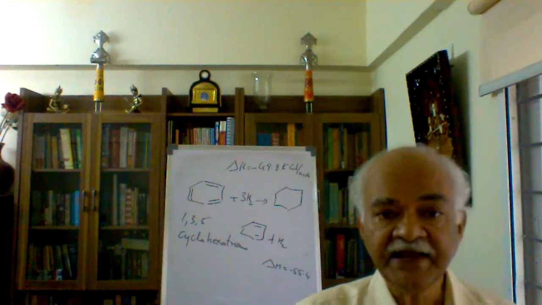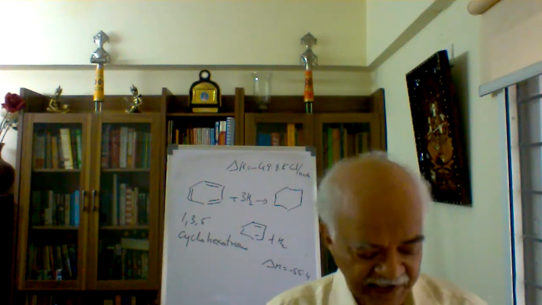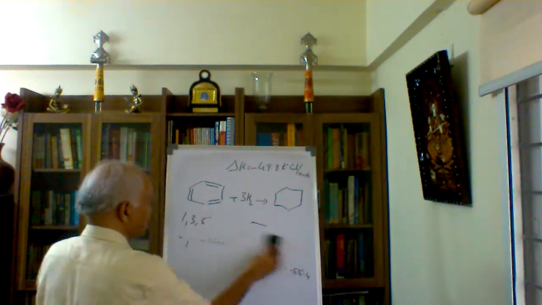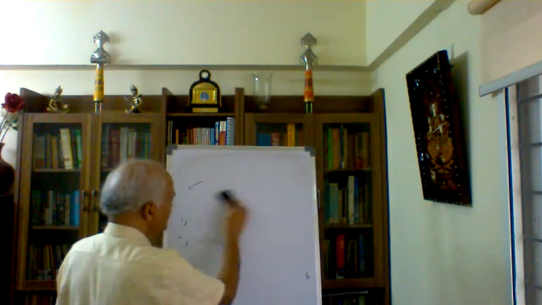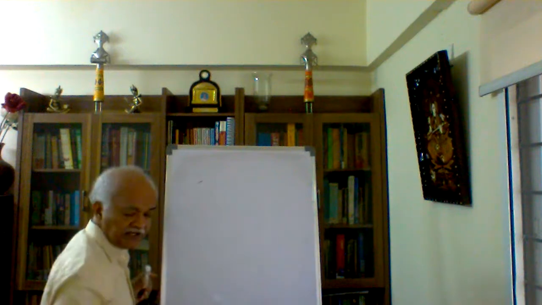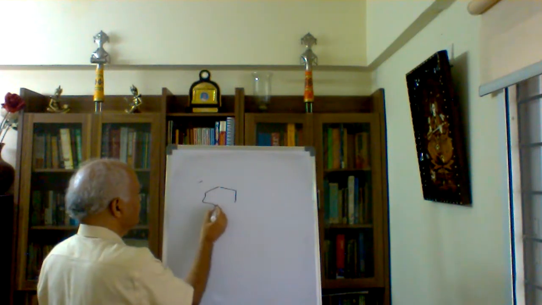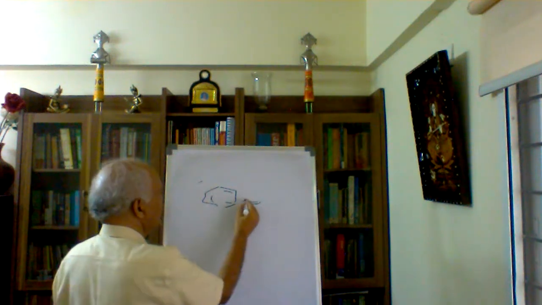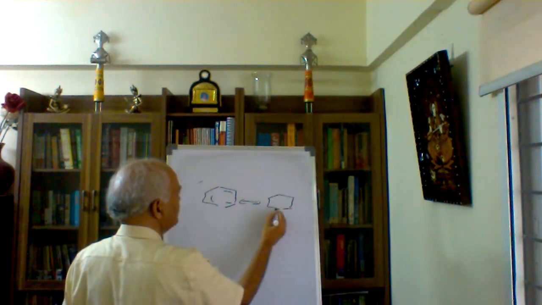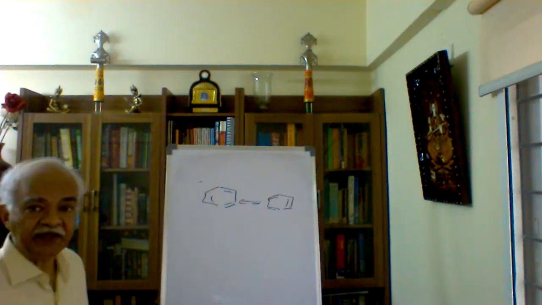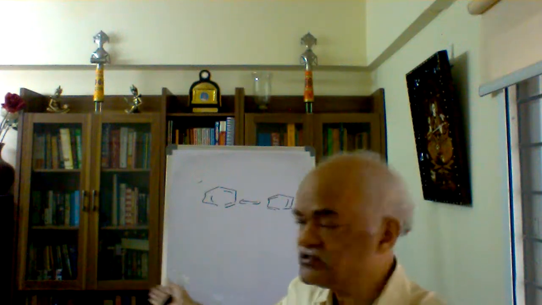I cannot any longer resort to simple resonance theory by telling these are my 2 Kekule structures. This is one and this is one more, double bond here, double bond here. Both are contributing equally. Therefore, my hybrid has equal contribution. There are no charges here.